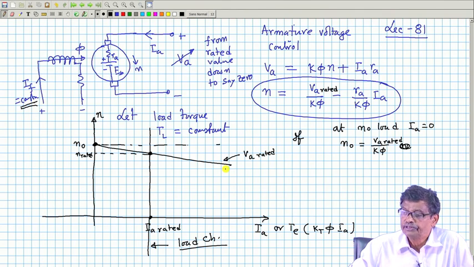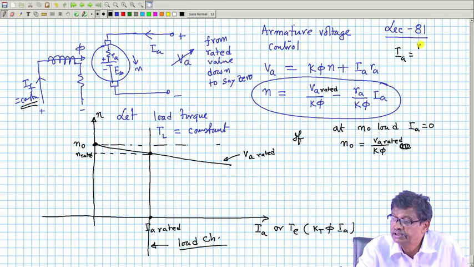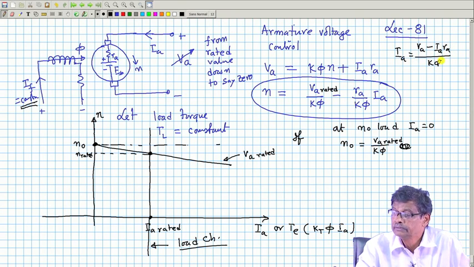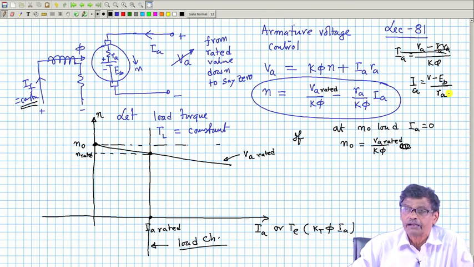The armature current, I am sorry, I will write it like this: I A is equal to V minus back EMF, divided by R A. This is the expression for the armature current.